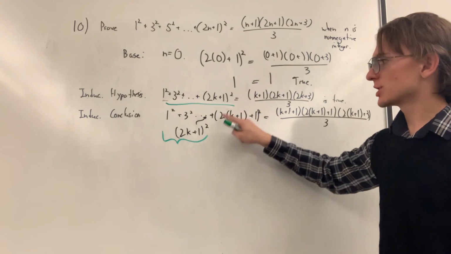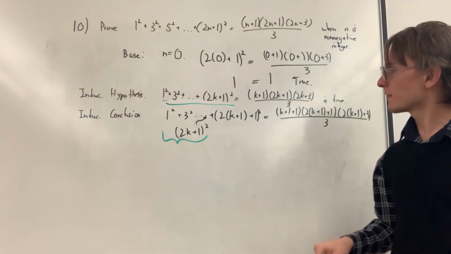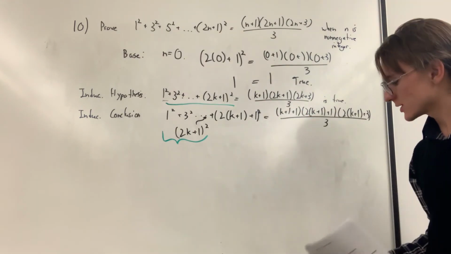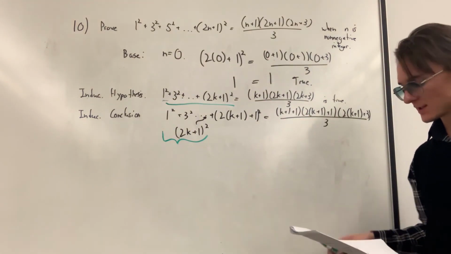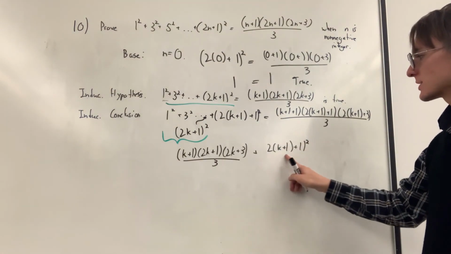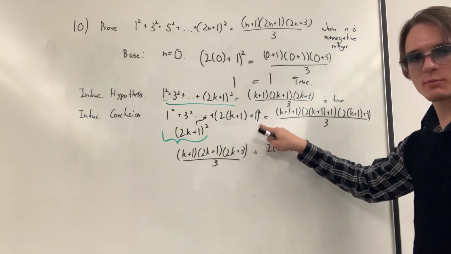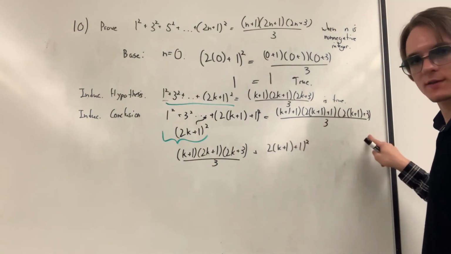This part of the expression matches the beginning sequence of this expression. And we already know what that's equal to, so let's just plug in what we know by our inductive hypothesis. We get the following. Nothing happened to the 2 times k plus 1 squared. That remains the same. And we're trying to show that this part of the expression is equal to this.